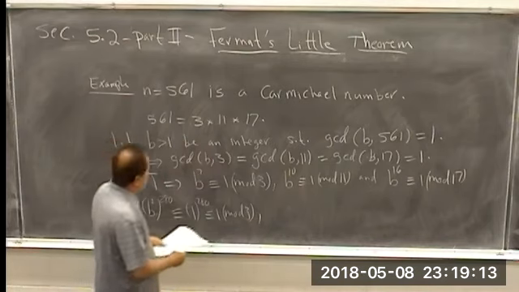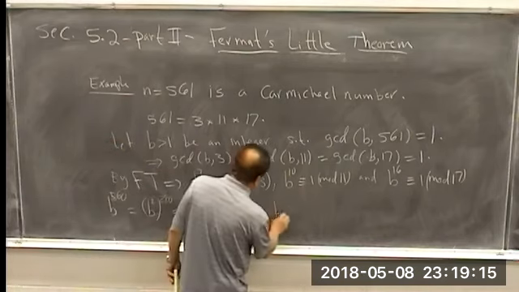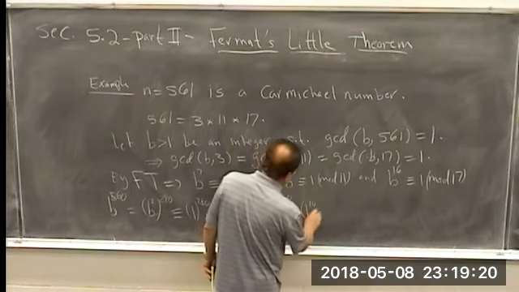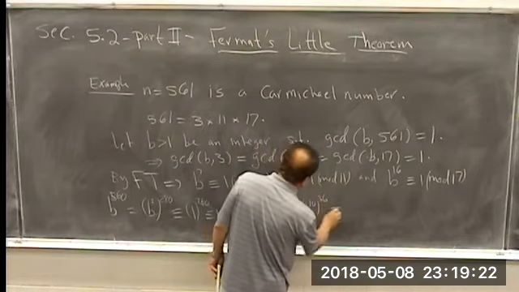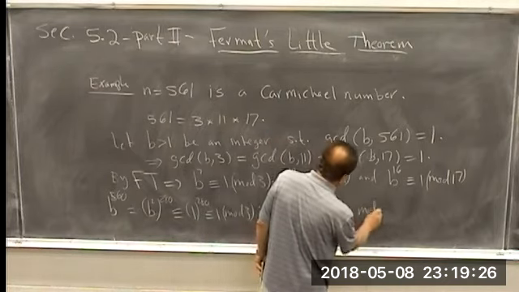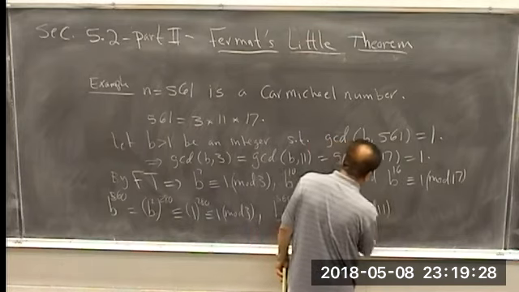Similarly, b to the 560 is b to the 10 to the 56, and again this is congruent to 1 mod 11.